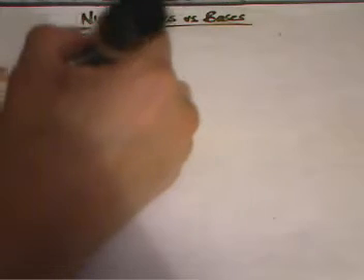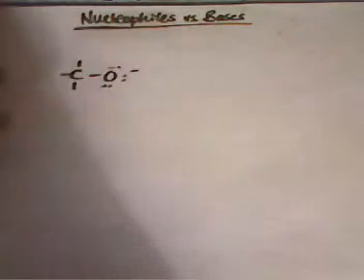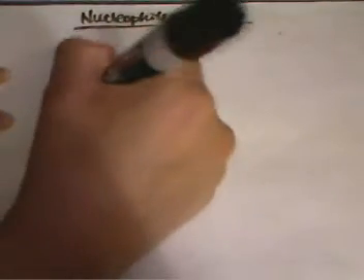The typical example used to illustrate this is a tertiary carbon which is bonded to an oxygen, and this is tert-butoxide.